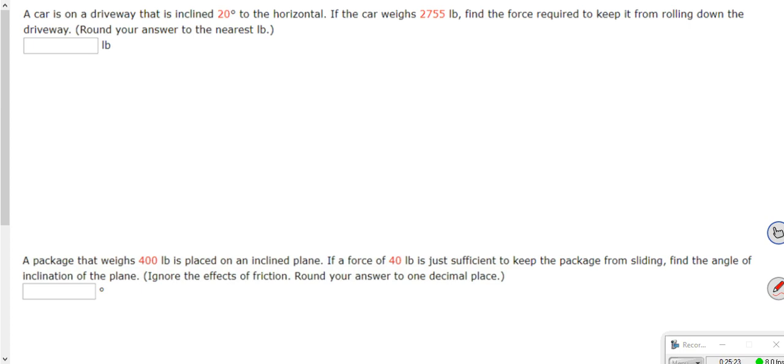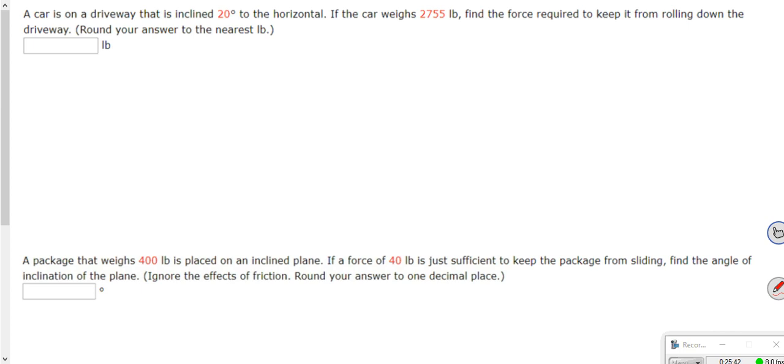I'm going to try to summarize here. So let's just look at this one first. A car is on a driveway that is inclined 20 degrees to the horizontal. If the car weighs 2,755 pounds, find the force required to keep it from rolling down the driveway.